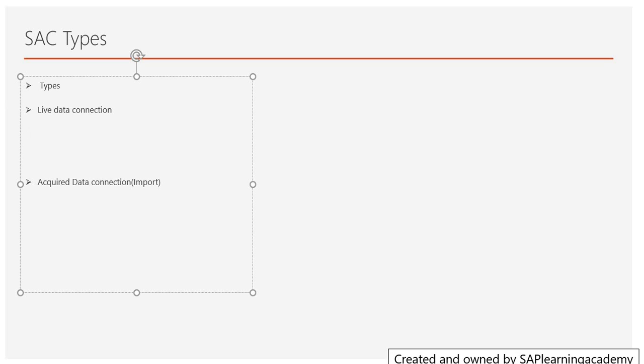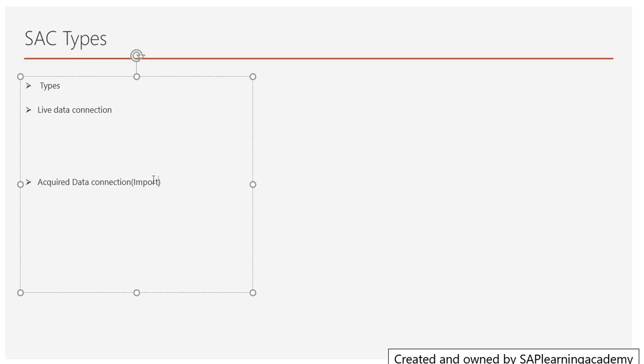In a live data connection, it does not replicate your data in SAC, so it can directly connect with your live data sources. You need not replicate the data. But for the acquired data connection, you have to replicate the data in SAP Cloud. In live connection, you can use the existing data model for analysis, but here you have to create a new data model.